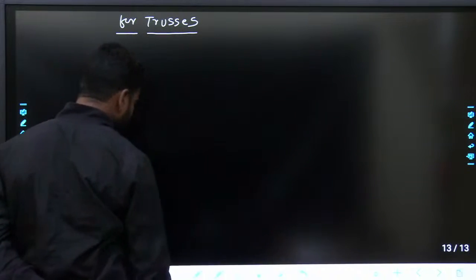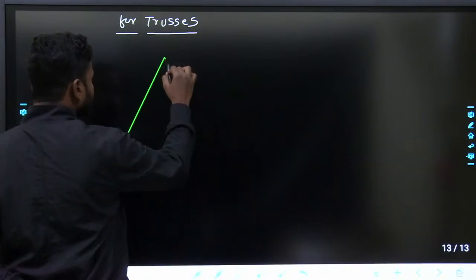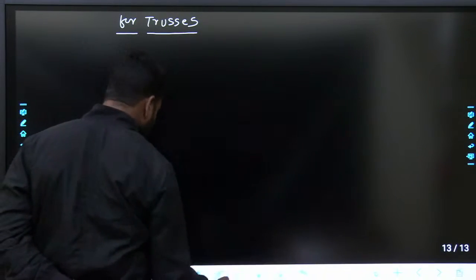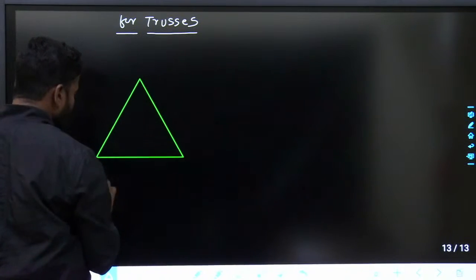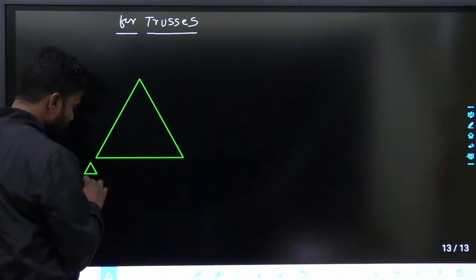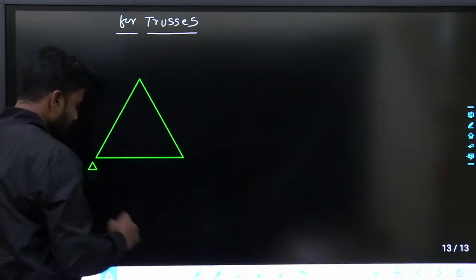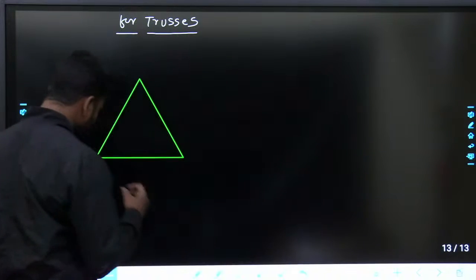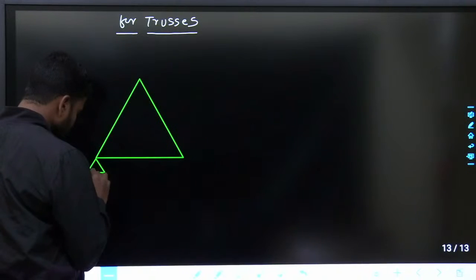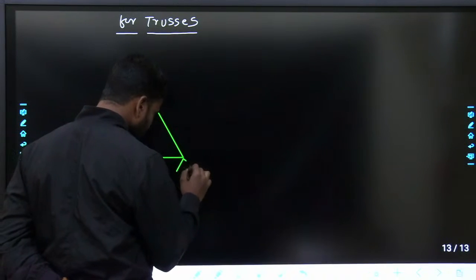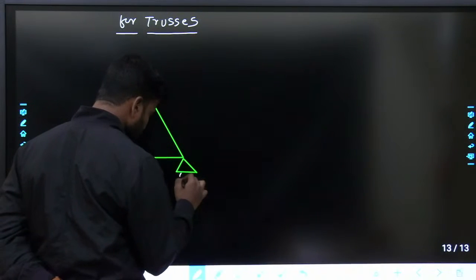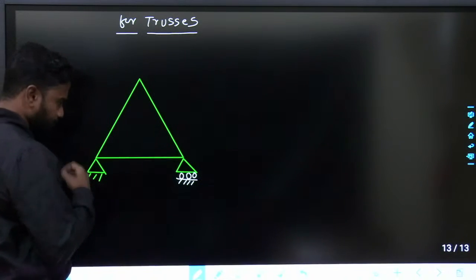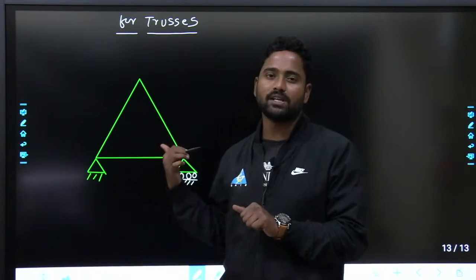Generally, if I take any truss, the basic idea I will give you in the truss, if I consider the basic idea, for the truss, if you consider, this is a 3-member truss, which is considered a stable truss.